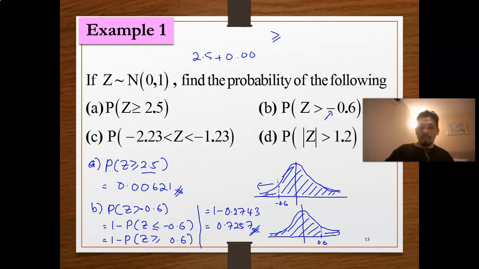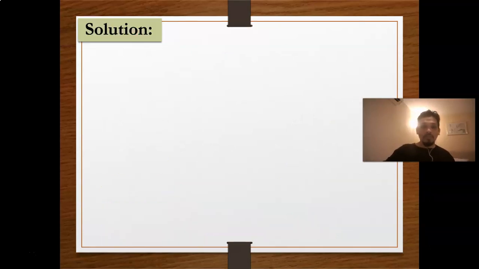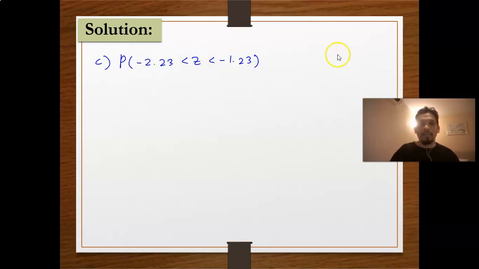Okay, let's move to question C. Question C, the probability of negative 2.23 less than Z less than negative 1.23. This one we can refer to this graph. This is the middle line.